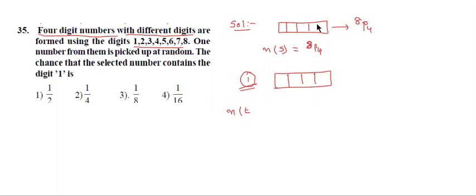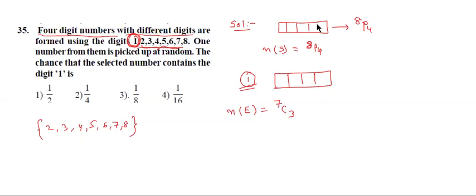n of E. Out of 8 digits, remove one digit. That should be 1. How many remaining are there? Remaining 2, 3, 4, 5, 6, 7, 8. There are 7 numbers. Out of these we can select 3.